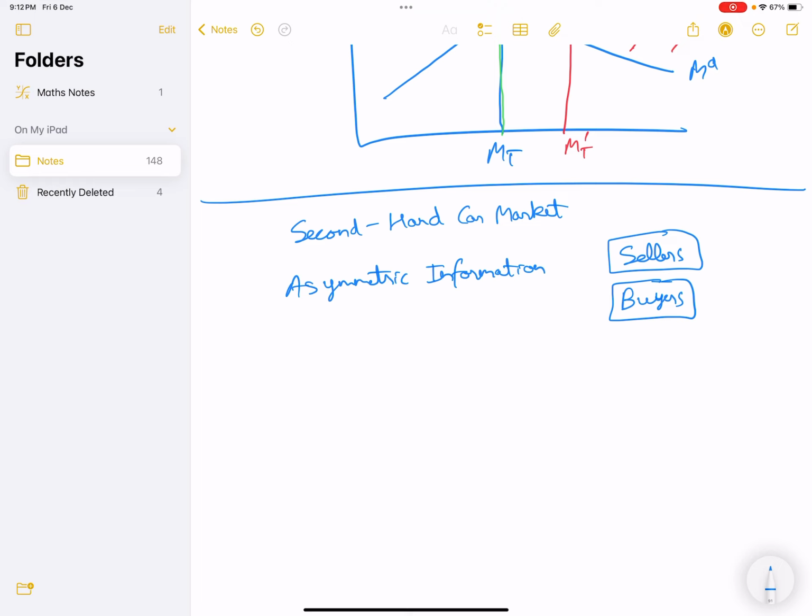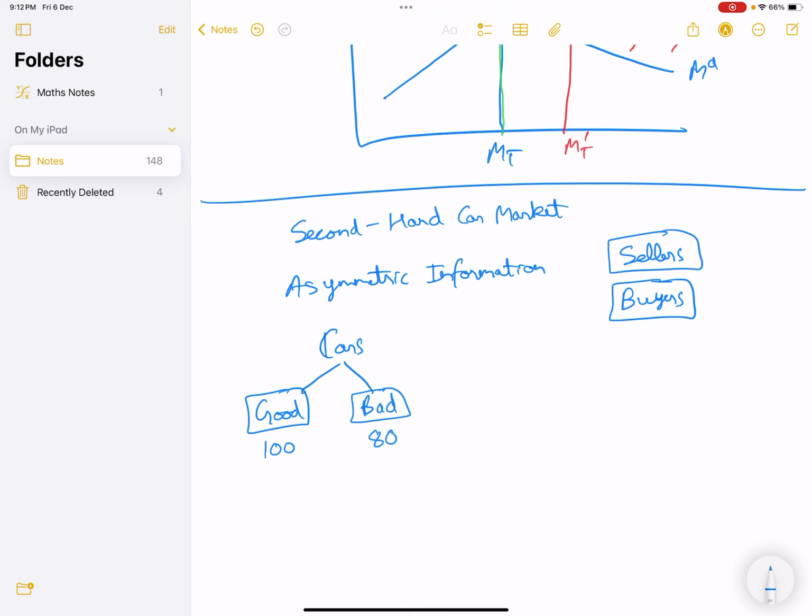So the cars are of two types in this case: good quality and bad quality. The sellers who have good quality cars would be charging a higher price for sure. But since the buyer doesn't know which car is bad or good, suppose good ones are charging price 100 and the bad quality ones are charging price 80.